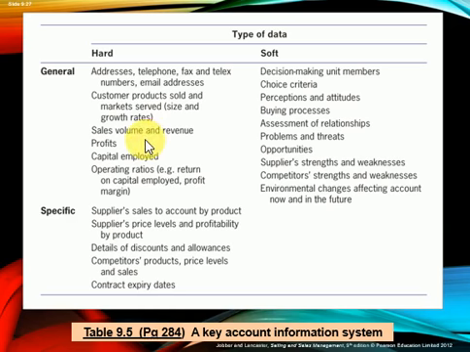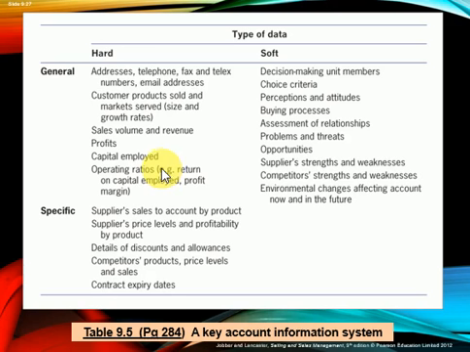Hard data refer to addresses, phone numbers, email addresses, the sales volumes, the profits, operating ratios, where your soft data refer to perceptions, attitudes, your buying processes, your problems and your threats, your opportunities, your environmental changes.